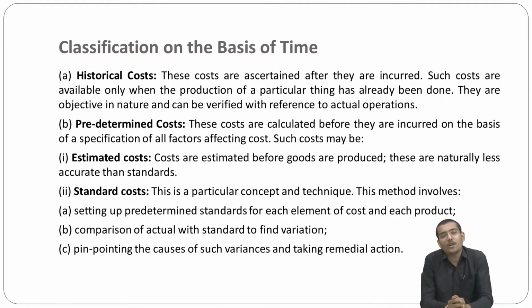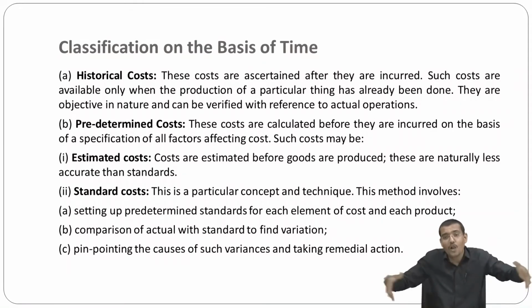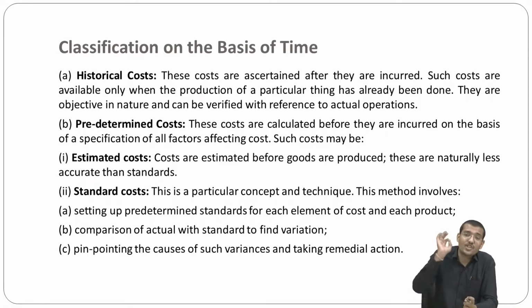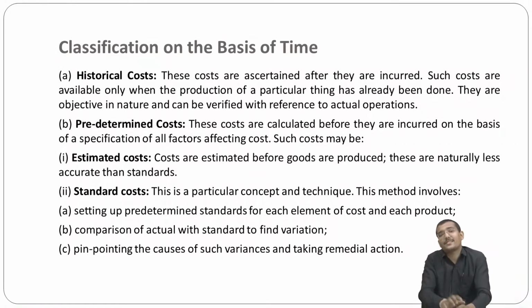Then moving forward to the predetermined cost. These costs are calculated before they are incurred, on the basis of the specification of all factors affecting that particular cost. And such cost may be classified as estimated cost and standard cost.